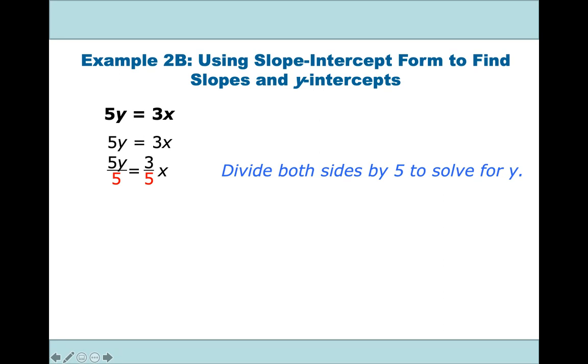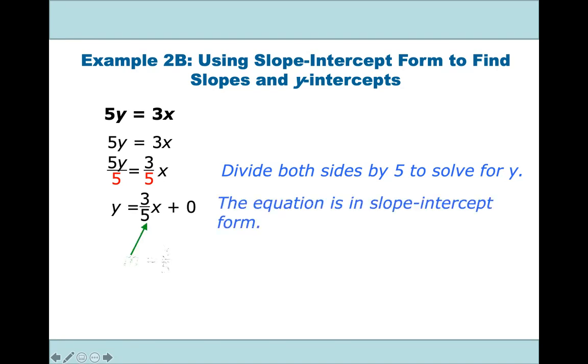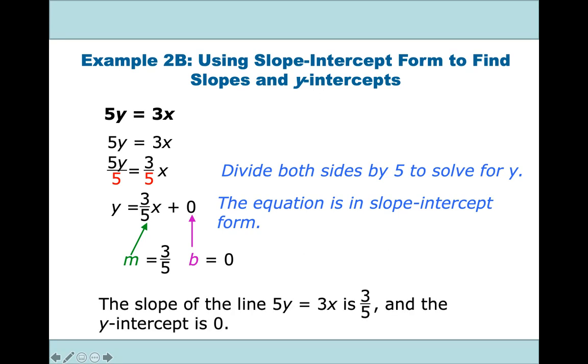So we divide this by 5 and we divide this by 5. This cancels each other out, which would give us y equals 3/5 x. And then you can add a 0 in here because technically that's what it is. There's nothing there. Then you can identify your slope, and you can identify your y-intercept.